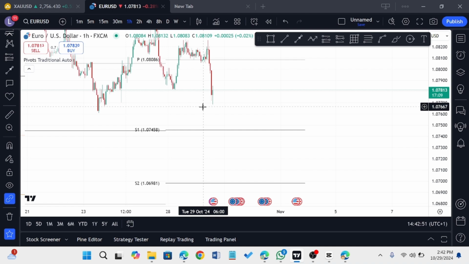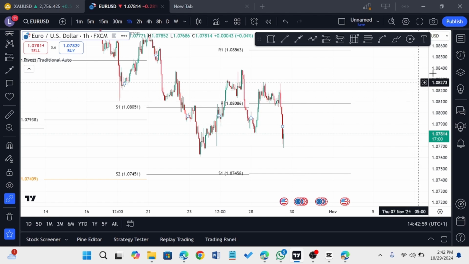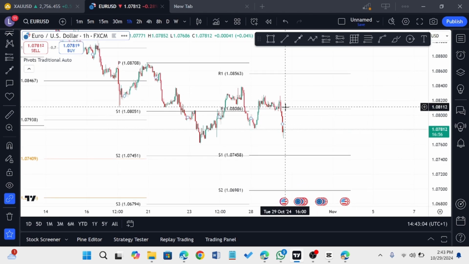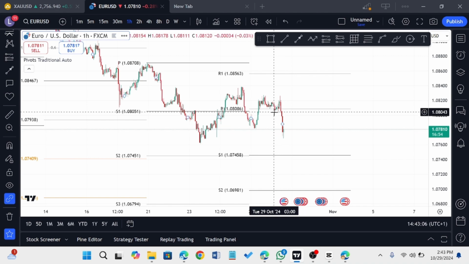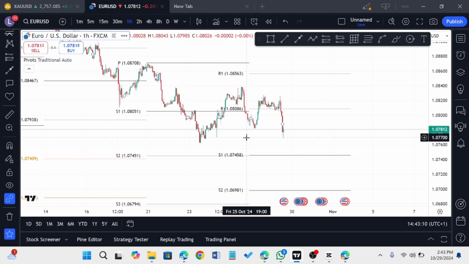So let's talk about how you can use these pivot points to trade the market. So like I said, they act as support and resistance levels when trading. So when price approaches a pivot level, you often observe increased market activity.